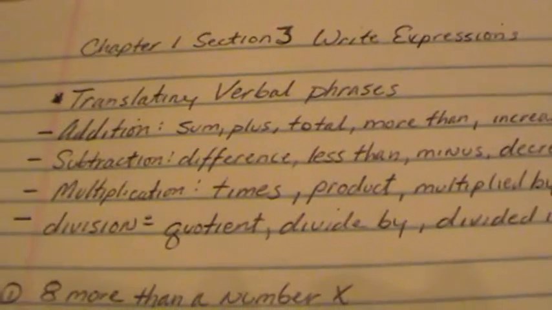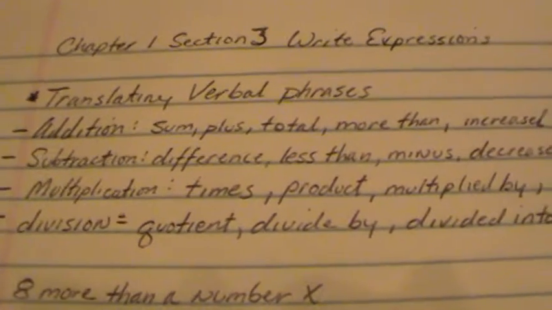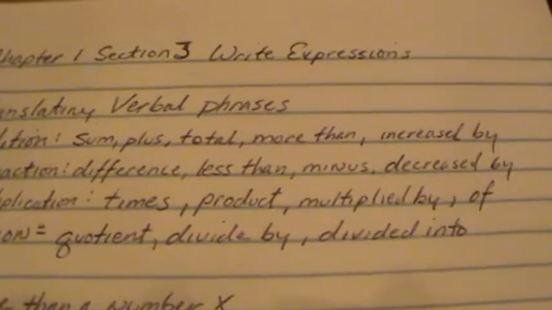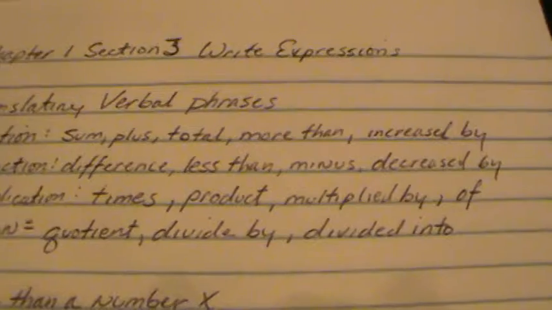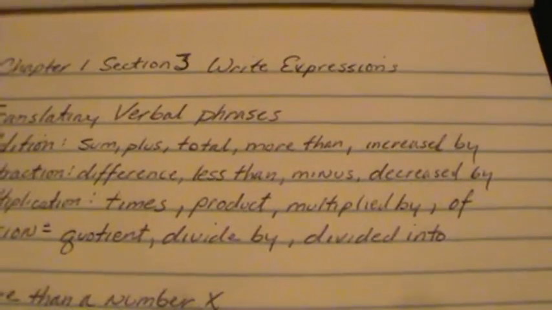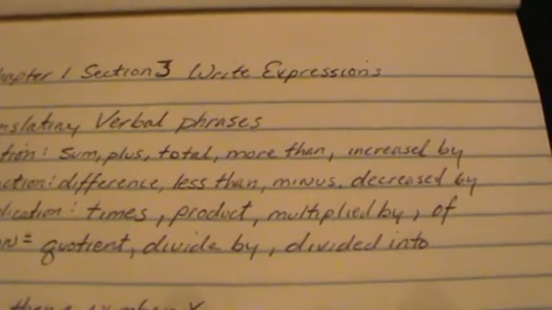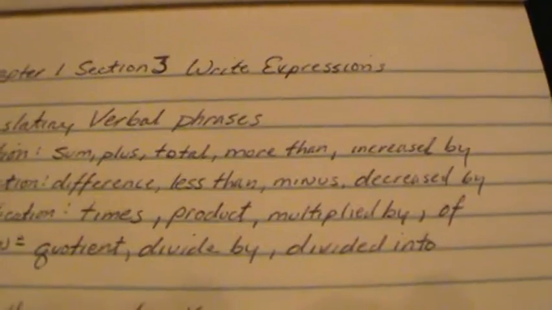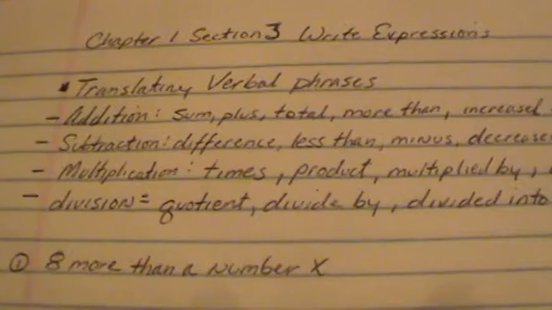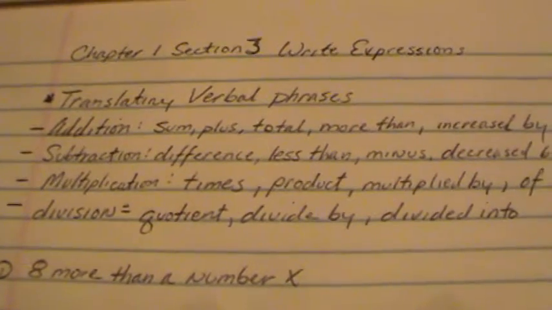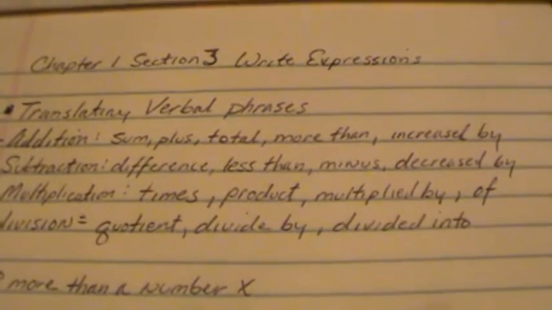You have multiplication, which is times, product, multiplied by, and the word of. That's very important when you get into chapter 2 or the end of chapter 1. Understanding the word of is times. And then the last one, division, you have quotient, divided by, and divided into.